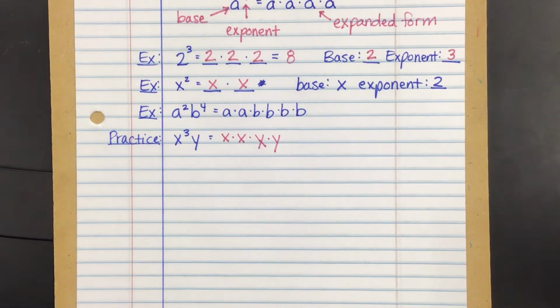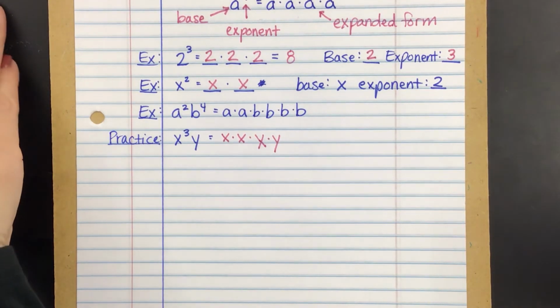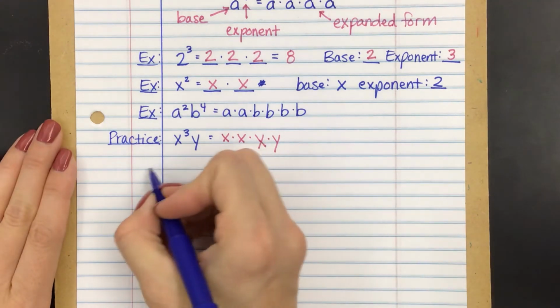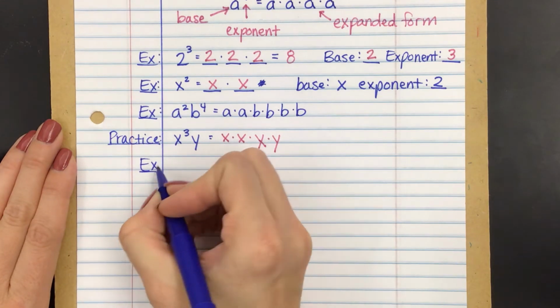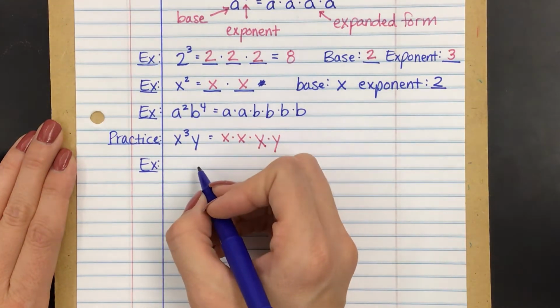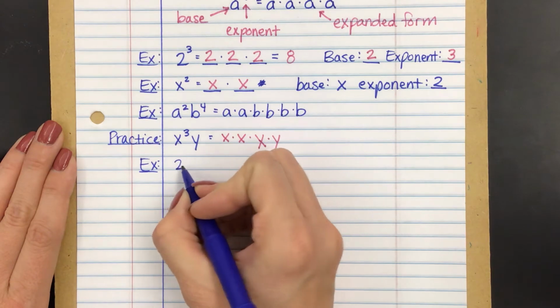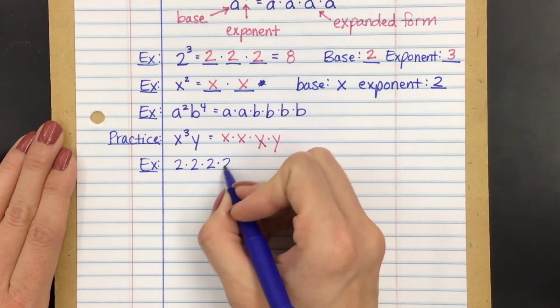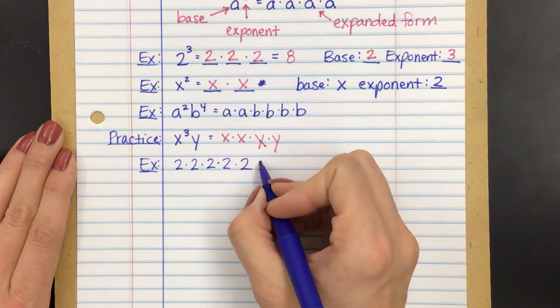That looks great. Now let's take it the other direction. Let's look at something in expanded notation and then write it using exponential form. Let's start with 2 times 2 times 2 times 2 times 2.